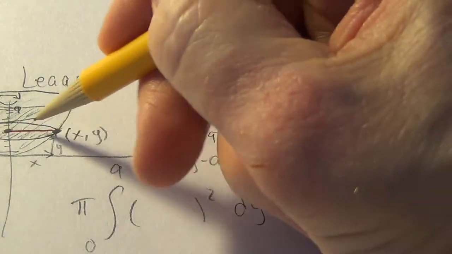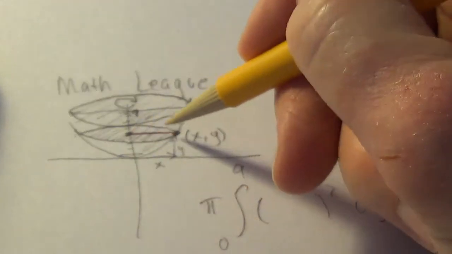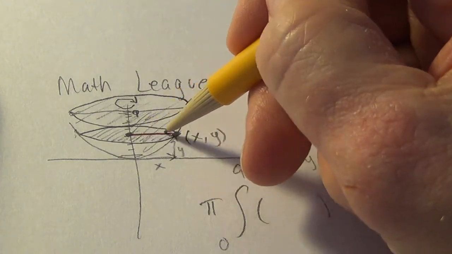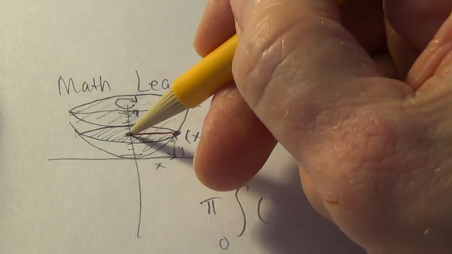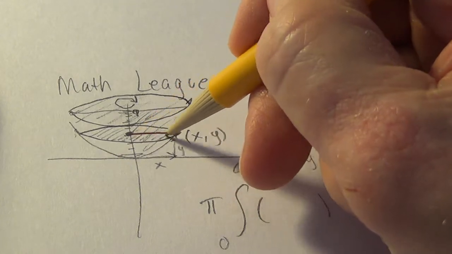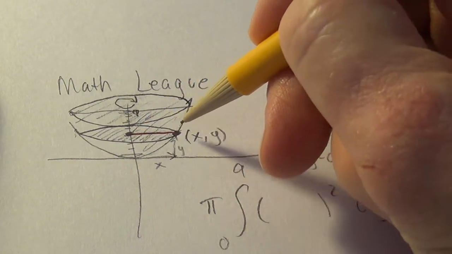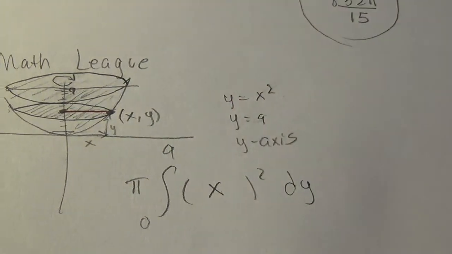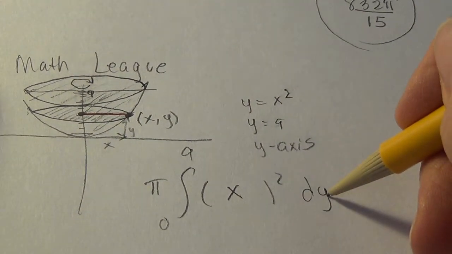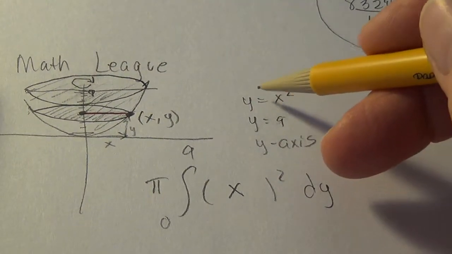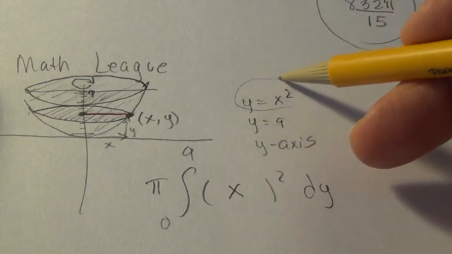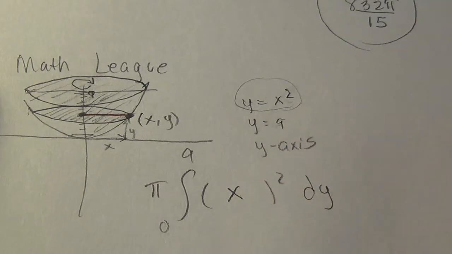So what is the radius? The radius is, we went over x and up y. So no matter where I put this disc, it's always got a radius of the x value of the function. However, we have to work in y. So we go up here and we see that we have to rearrange this slightly to get x.